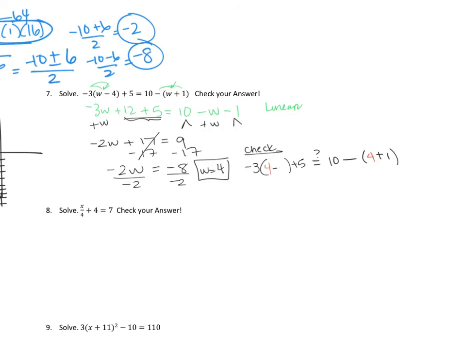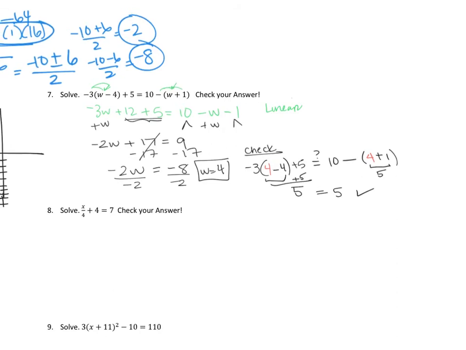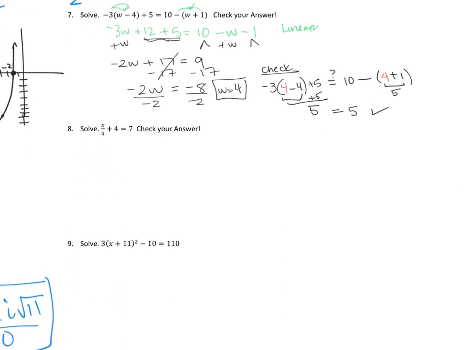Erase that. So that's going to be, going back, 4 minus that 4. Okay, so 4 minus 4 is actually 0, so times negative 3 is 0. So plus 5 there, this is just going to be 5. On the other hand here, this is 5, so we have 10 minus 5, which is 5, so it does check. All right, on number 8, we have a linear equation again.